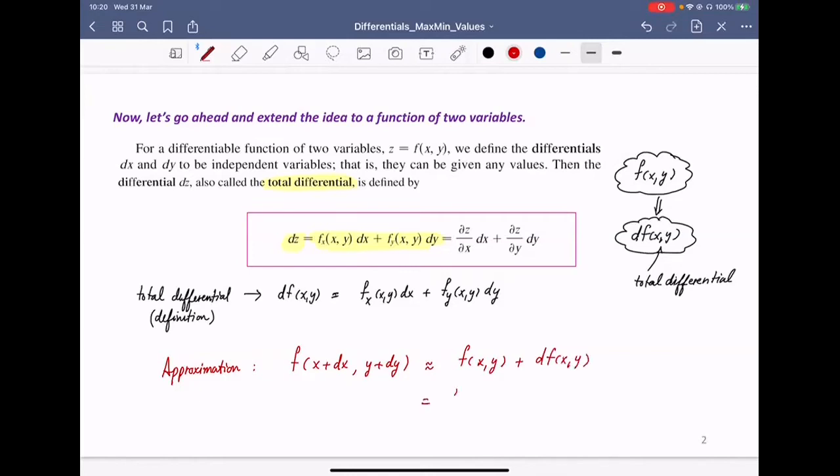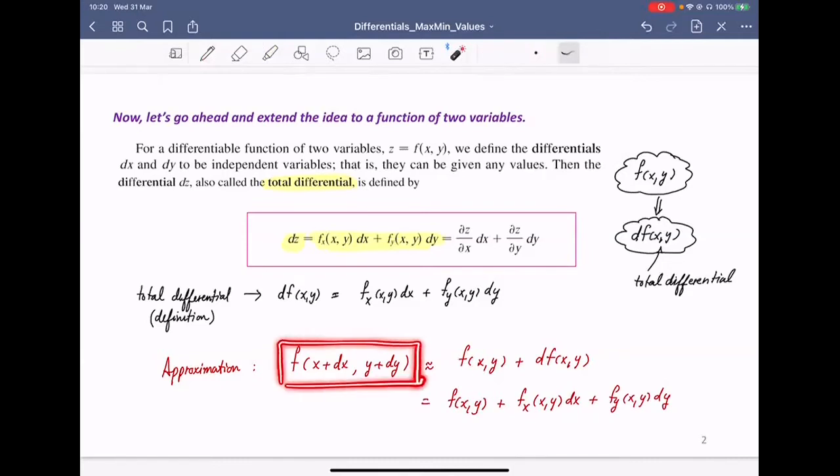This is going to be f(x, y), plus f subscript x at (x, y) times dx, and then plus f subscript y at (x, y) times dy. All right, one more time. The approximation here, you can approximate by that equation.